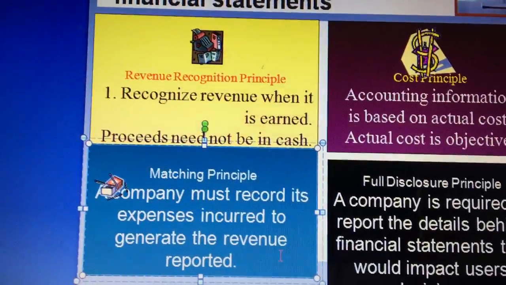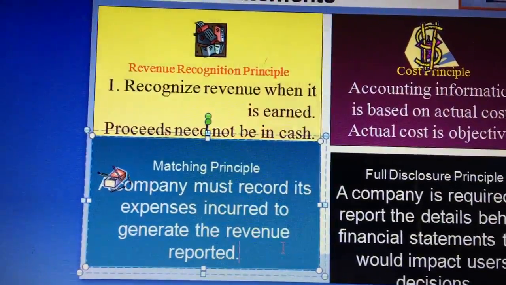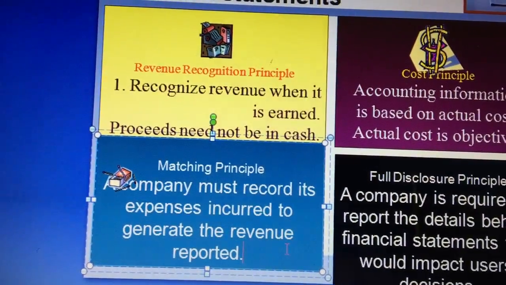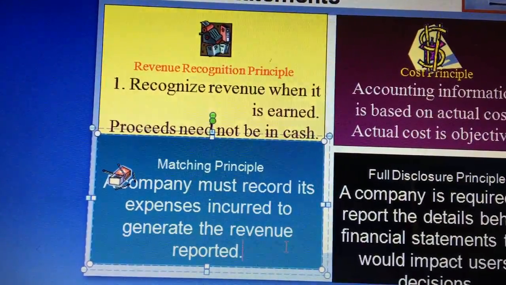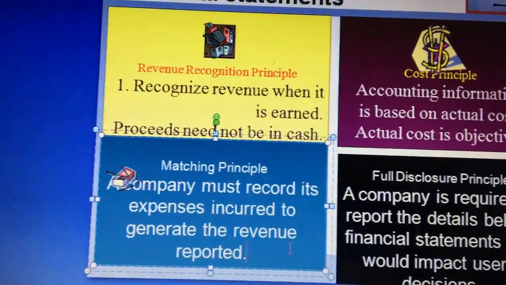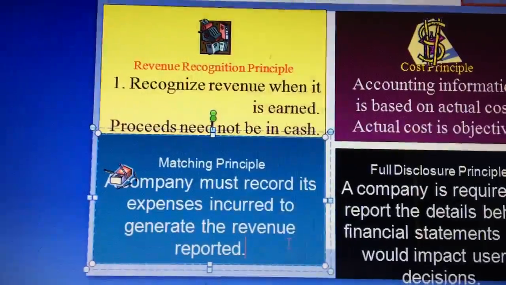The matching principle in the blue box means that if we're working under the accrual basis of accounting, we can owe for that debt. That would require an accounts payable, but it has to be incurred at the same time that you make a sale.